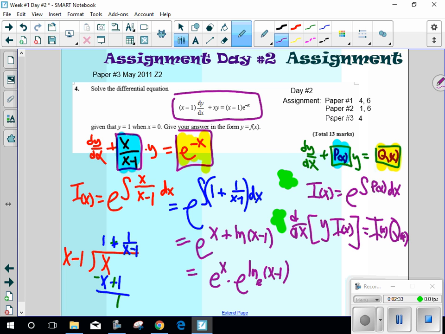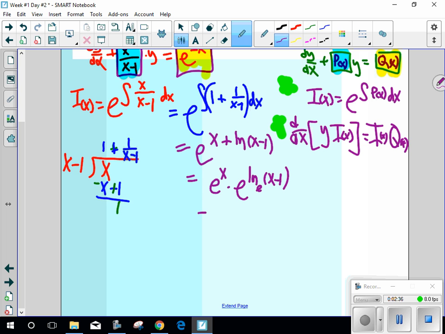It looks very horrible, but what is it simplified? e to the x times what? This is just x minus 1. That's my I(x). And this is a case where the I(x) step is much uglier than the rest. The rest of it's going to be okay.